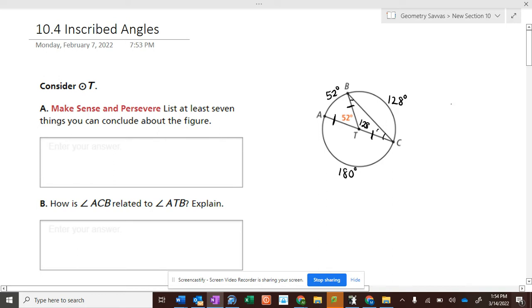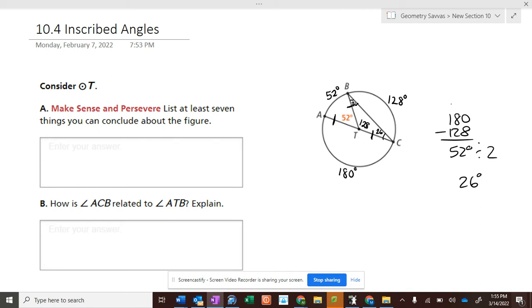How do you know they're 26? Because they share two angles, so they're each 26 degrees. Okay, so 1, 2, 3, 4, 5, 6, and then the side 7. Yep, that's seven things. All the radii are congruent, so each of these angles, yeah. So I think we got enough there.